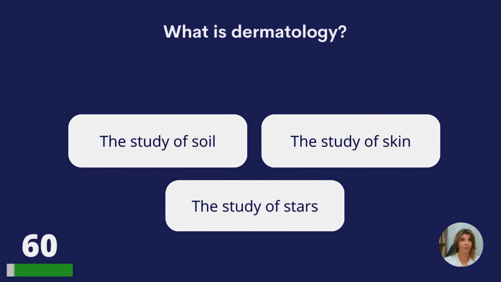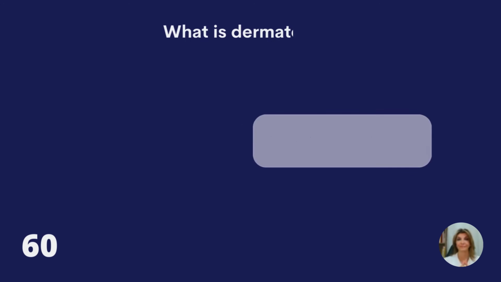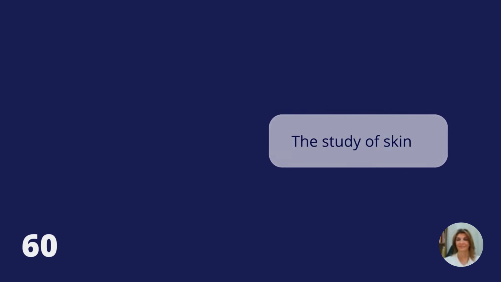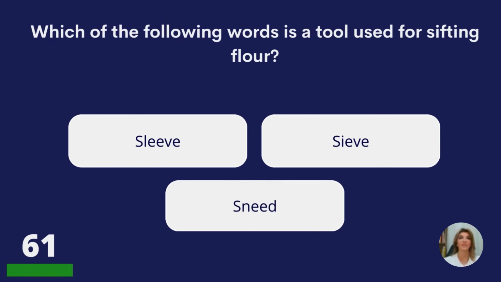What is dermatology? The study of soil, the study of skin, or the study of stars? The study of skin. Which of the following words is a tool used for sifting flour?